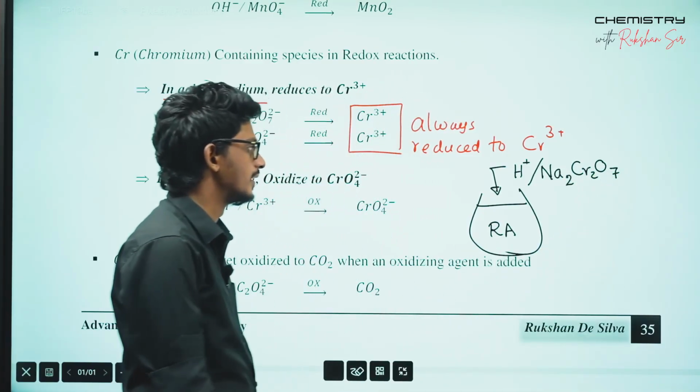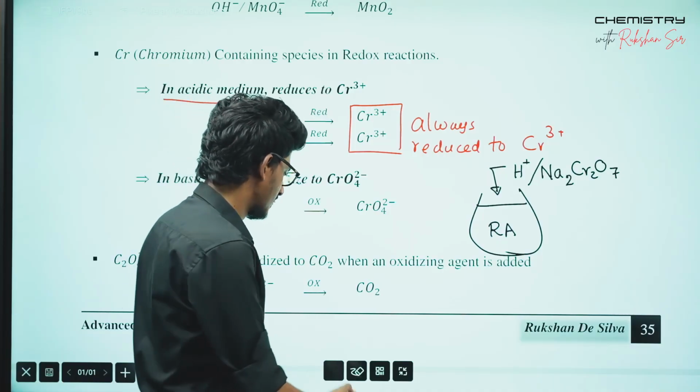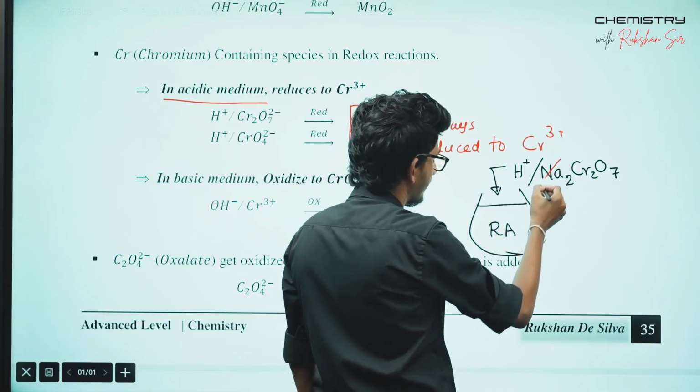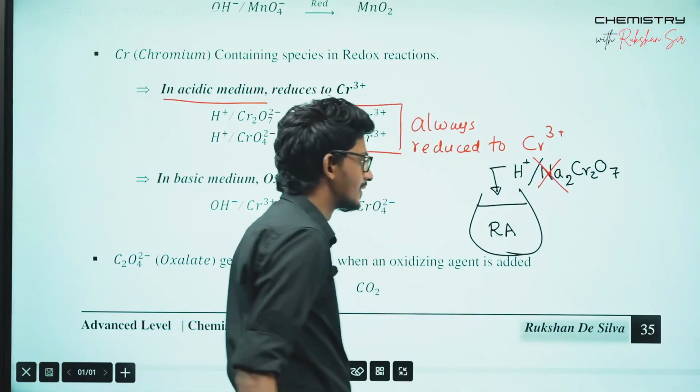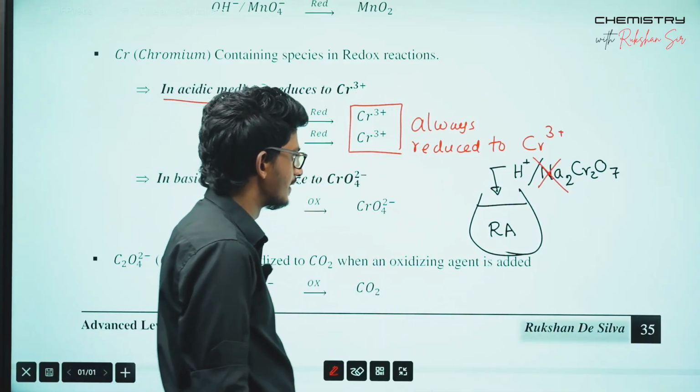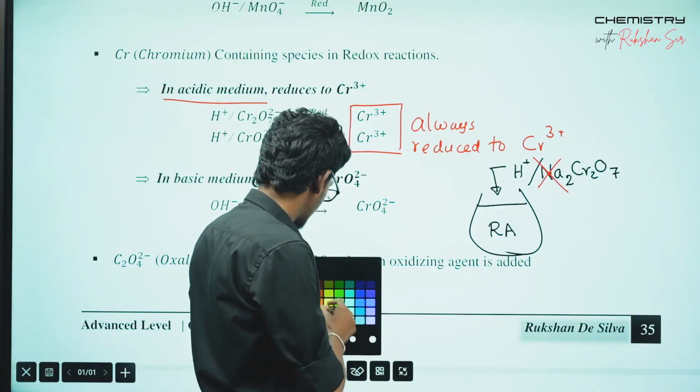What should happen to the chromium containing species here? As we know, the s-block species won't participate in redox reactions here.